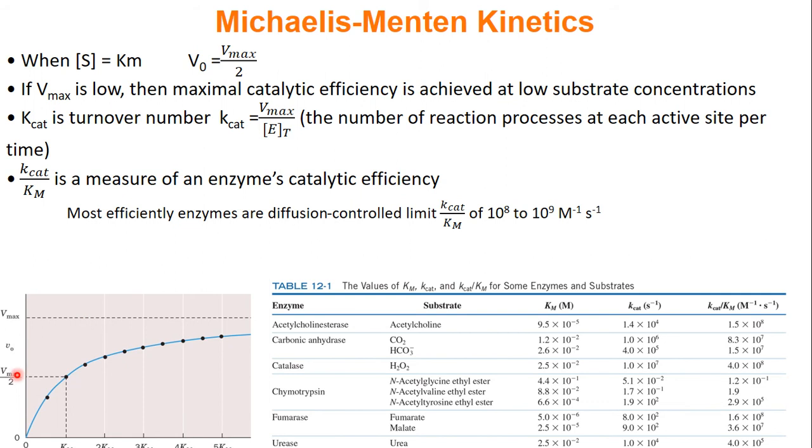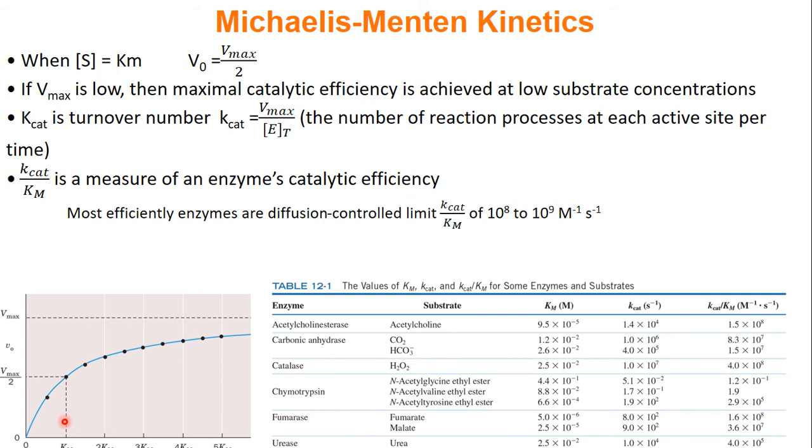So when you are plotting kinetics data, if you find your maximum velocity, go to 1/2 that maximum velocity, go over to your kinetics plot until you hit the curve, then you drop down to substrate concentration. That substrate concentration would be the Michaelis constant, Km.